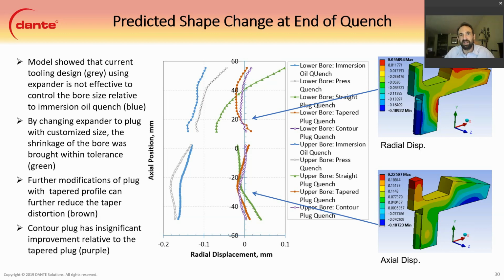So we designed a contour tapered plug that essentially had the inverse taper cut into the plug. It helped some, but it didn't help enough that warranted the extra cost and time needed to machine a contoured plug. So in this case, the taper plug works very well. So that is using DANTE to design press quench tooling.